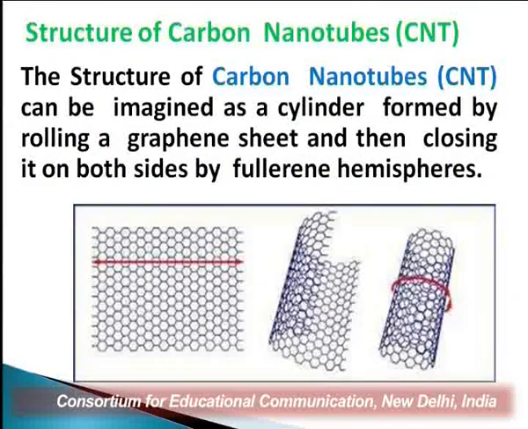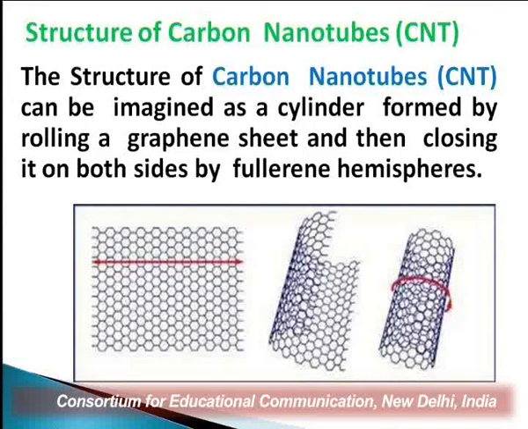Now we talk about the structure of the carbon nanotube. As we discussed, it is prepared from the graphene sheet, and the graphene sheet is prepared from hexagon rings of carbon atoms, and when they are attached and connected to each other, we can form the graphene sheet. And what is the structure of carbon nanotubes?